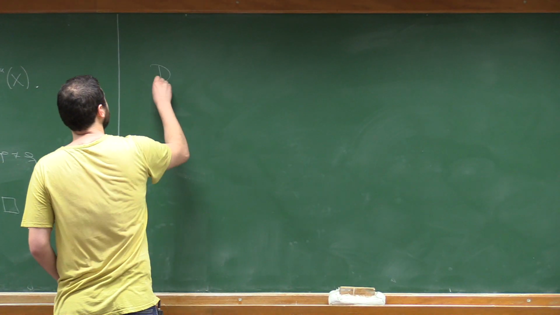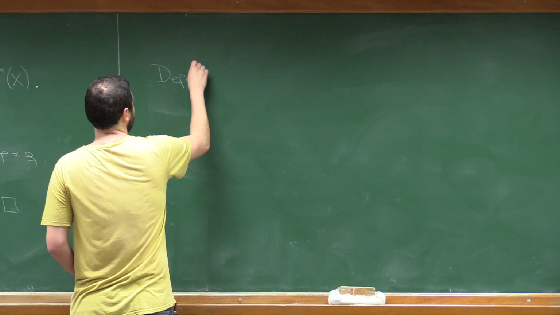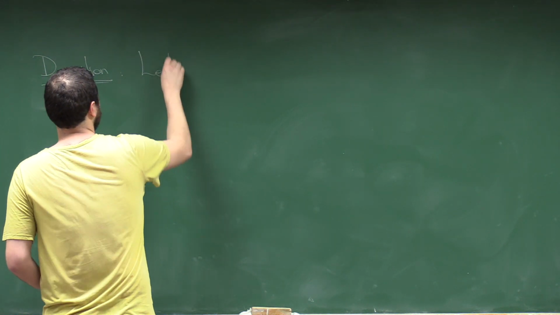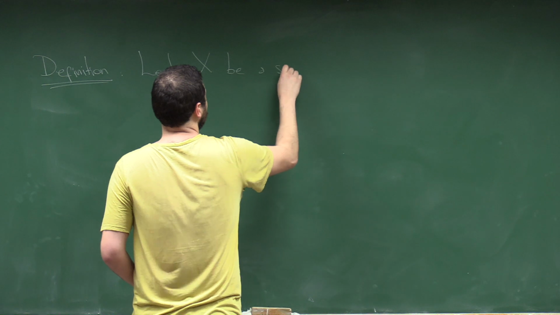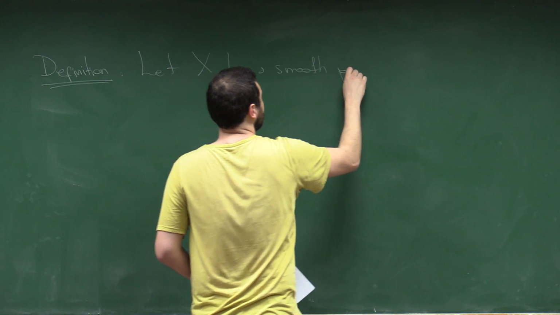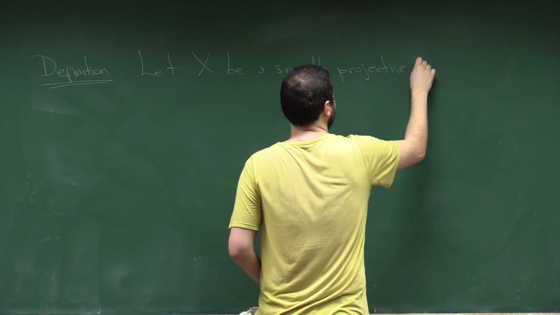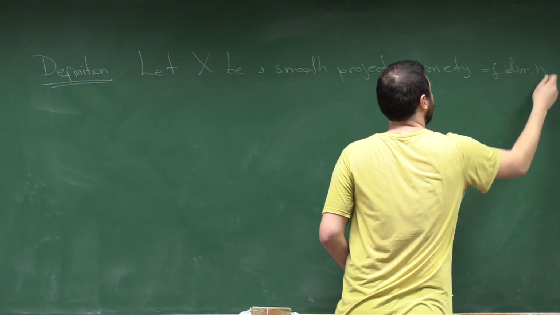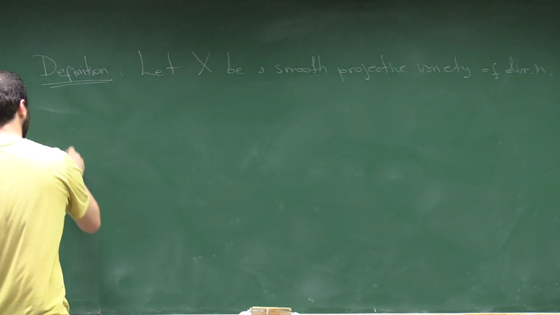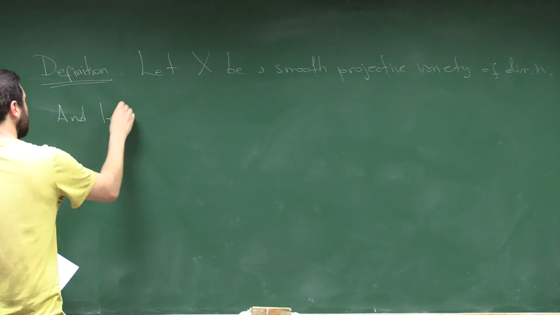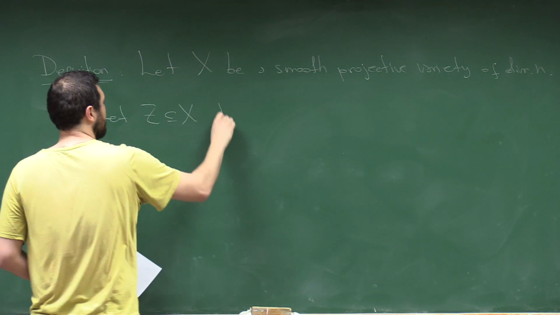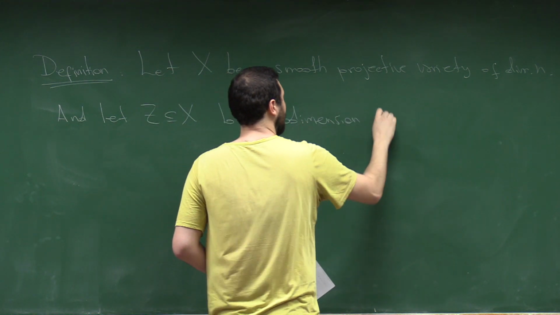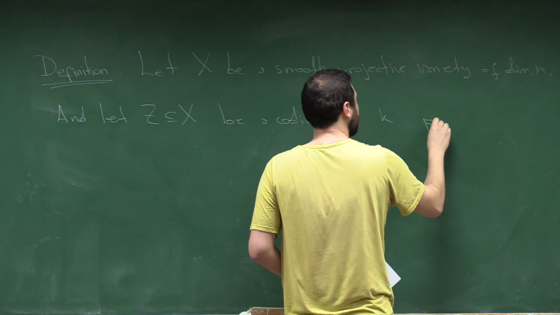So now I will introduce the algebraic cycles. So, definition. Let X be a smooth projective variety of dimension n, and let Z inside X be a codimension k projective subvariety.